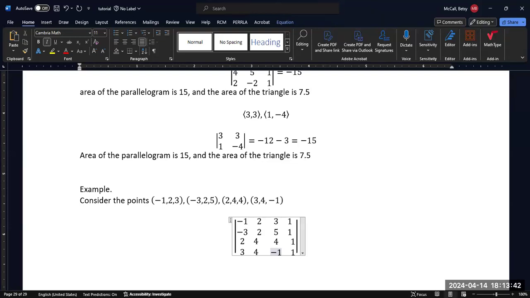And so again, I'm going to use technology to find this determinant.